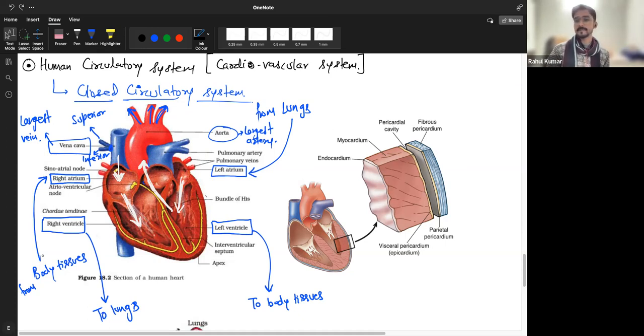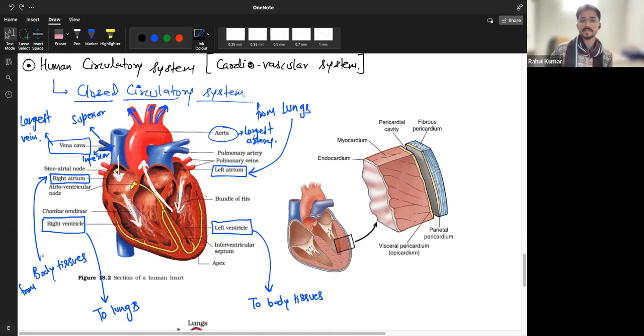Yes, sir. Veins are the vessels which supply blood to the heart, and the vessels which take blood away from the heart are arteries. You must also have read one definition in junior classes saying that veins carry deoxygenated blood and arteries carry oxygenated blood, correct? But that's not always true.